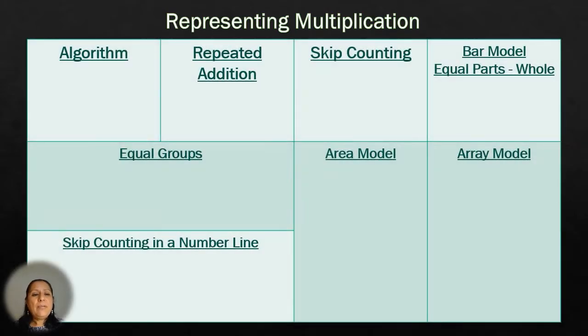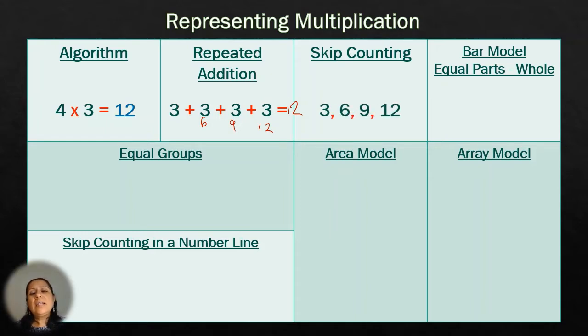For example, if we use the algorithm, it's basically multiplying 4 times 3 equals 12. But we can solve the same problem using repeated addition, which is 3 plus 3, 6, plus 3, 9, plus 3, 12. So my answer is going to be 12 again. I can skip count by 3s: 3, 6, 9, and 12, and my answer is going to be the same.